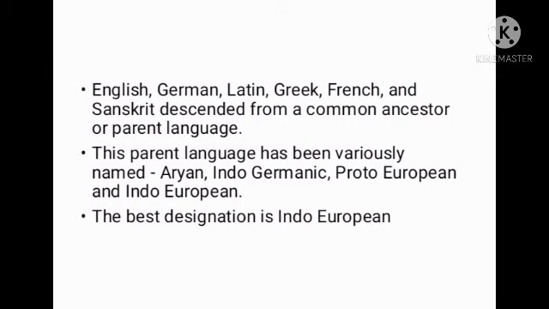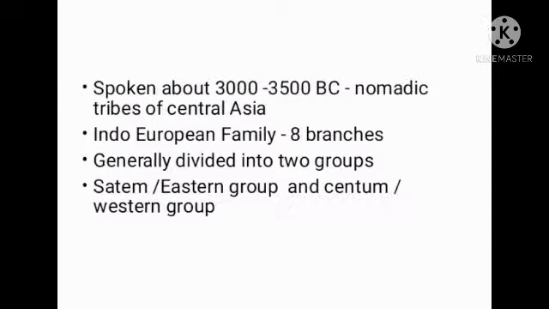This parent language has been variously named Aryan, Indo-Germanic, Proto-European and Indo-European. But the best designation is Indo-European as it covers most of the languages of India and Europe, and also because India and Europe mark the boundaries of these languages.